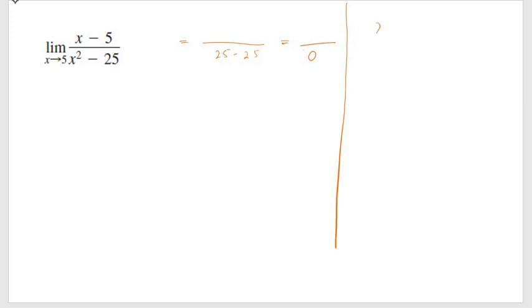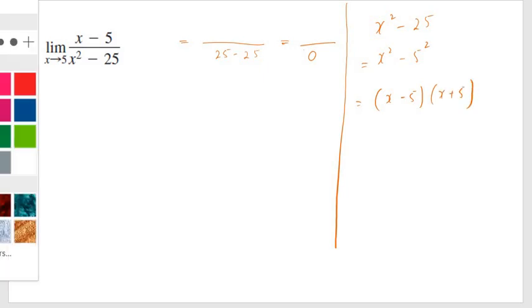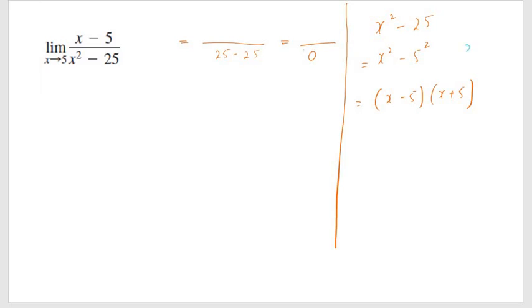We have x squared minus 25. This is similar to x squared minus 5 squared. Previously we learned that x squared minus 5 squared can be written as x minus 5 times x plus 5. This was similar to the example I did previously, where x squared minus a squared can be written as x minus a times x plus a.